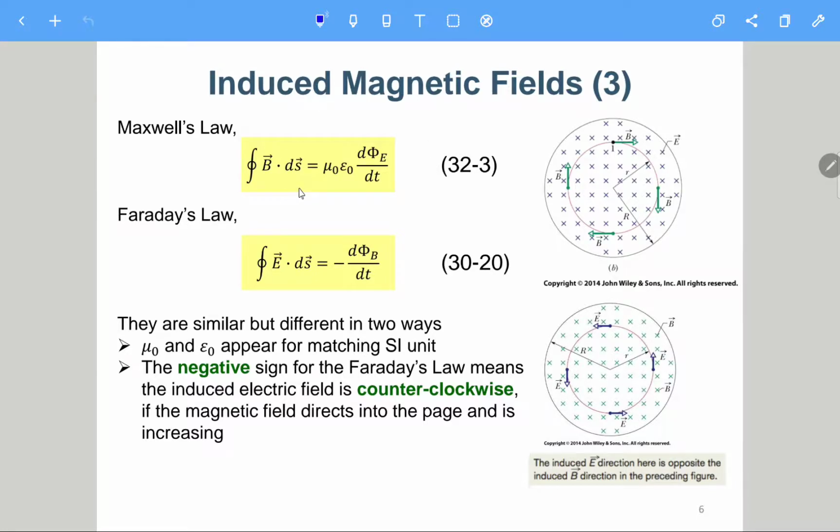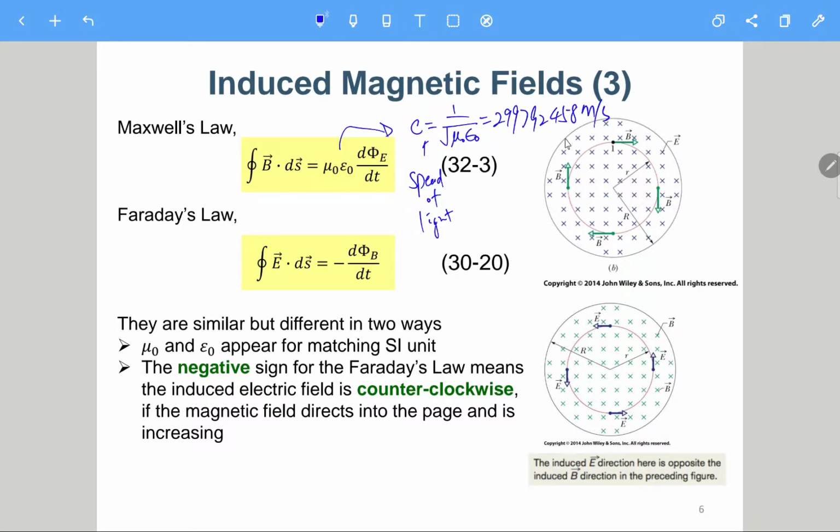And actually, in the next chapter, you'll see that this constant has some physical meaning: c is 1 over the square root of mu naught epsilon naught. So this c is called the speed of light in vacuum.